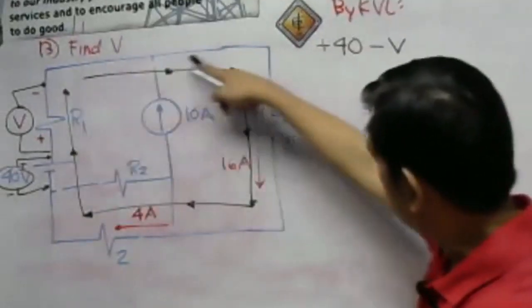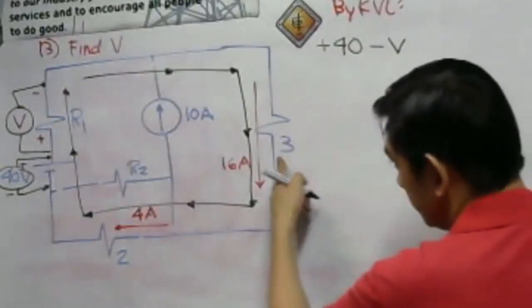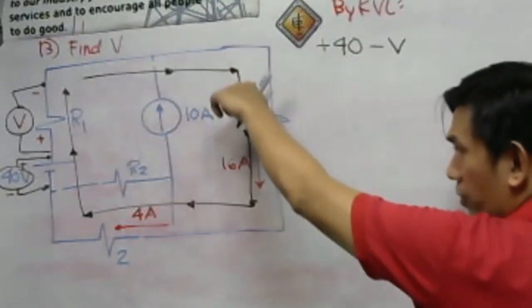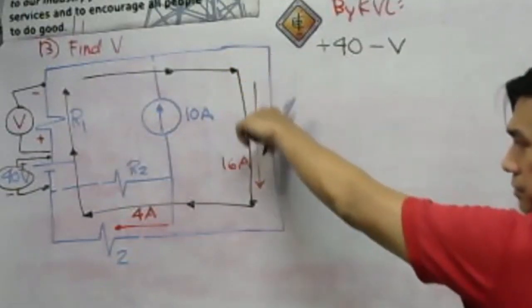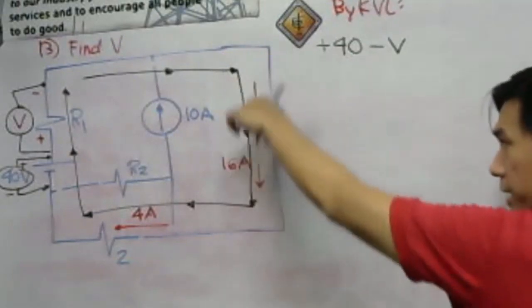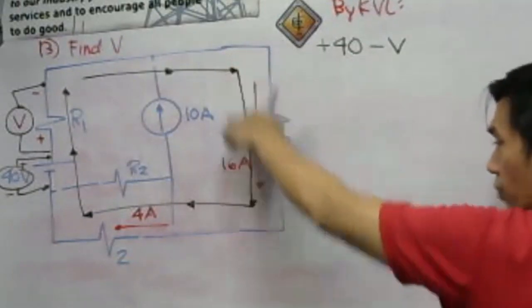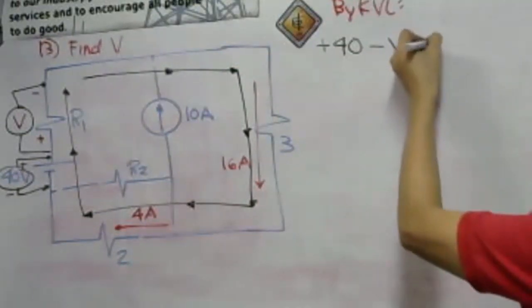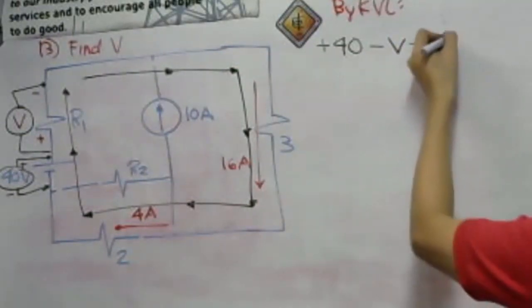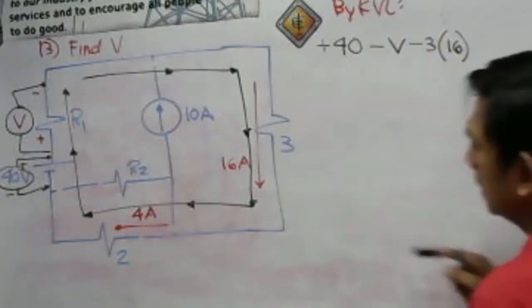What about here? The circuit tracing is downward. The current, 16 ampere, is also downward. One direction, one line. 3 times 16. What about here?